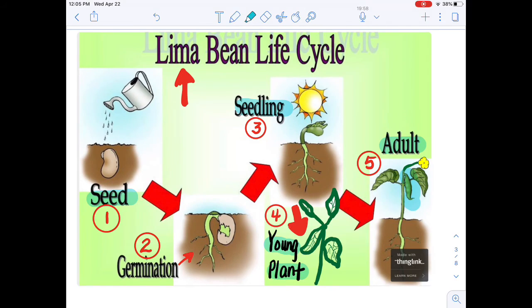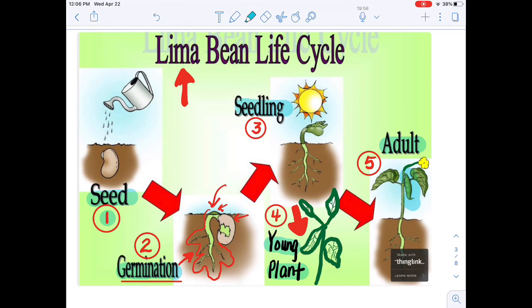The only one we haven't talked about is germination, and it's because it is really hard to see. It is when the seed is just beginning to grow and the roots are starting to grow down in the soil and it's just barely popping up at the surface. So when the seed first begins to grow, that is called germination. So you may want to add that to your life cycle.